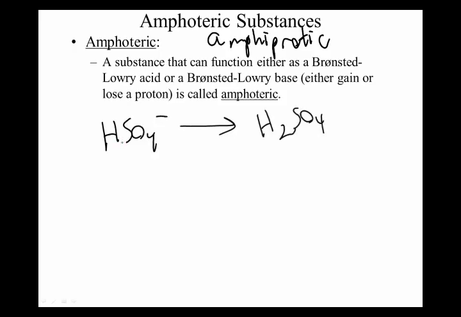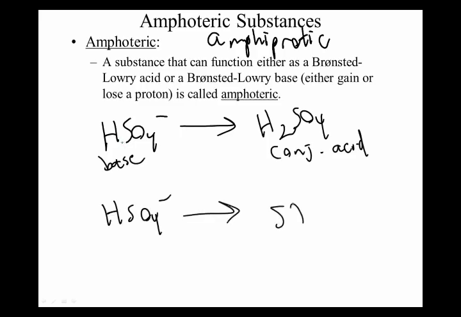So that means that this is acting as a base. It's accepting a proton, and this is its conjugate acid. But HSO4 minus also has a proton that it could lose, and it could become SO4 2 minus. So this is acting as an acid, and this becomes a conjugate base.